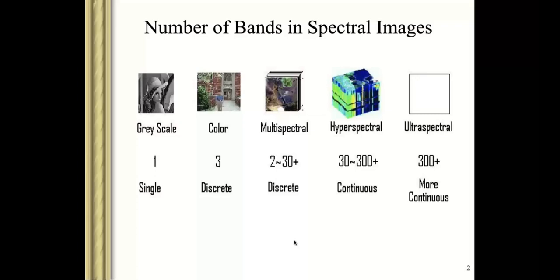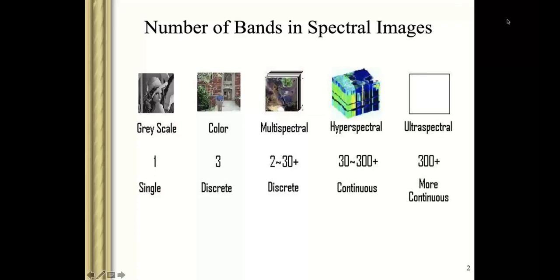If you see the development, from one single band we moved to 3 discrete bands, then we got multispectral satellites with around 15 to 16 bands in Landsat 8. Then in hyperspectral we are getting around 300 bands.